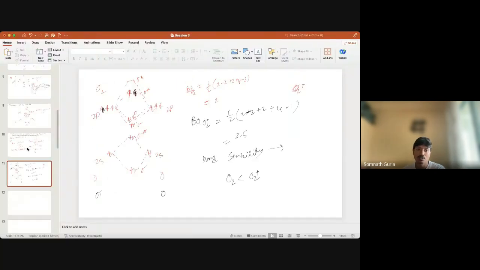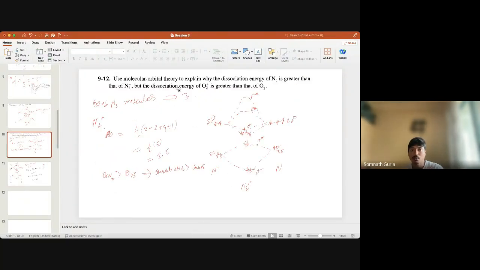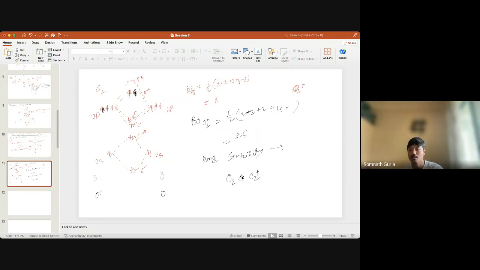As per my question, the bond dissociation energy of O2 plus is greater than O2. Here we prove the bond stability, that the oxygen O2 plus has higher bond stabilization energy, right? Okay, so from it you can easily solve those problems.